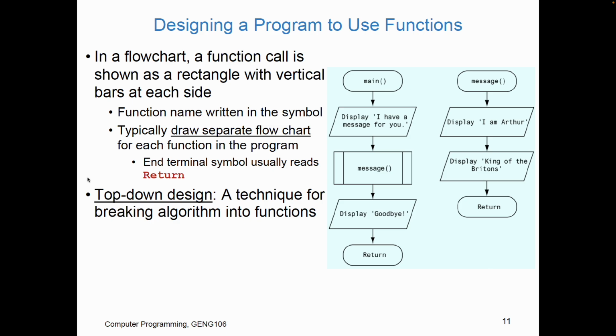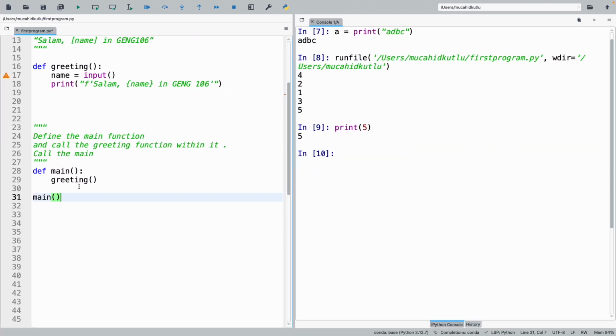So now, you might ask, how is this related to algorithm development? The thing is, we don't develop any algorithm like this, taking a name as input and saying hello. In real life, we don't do this kind of extremely simplified problem.